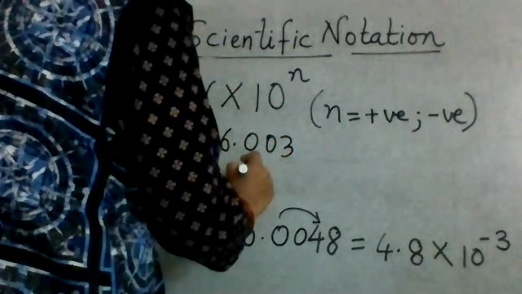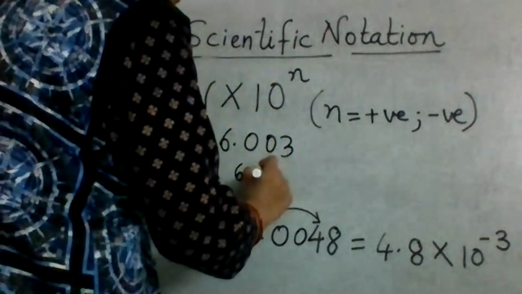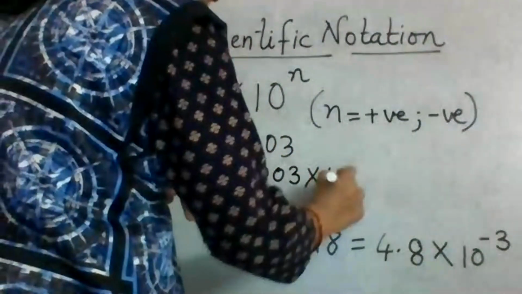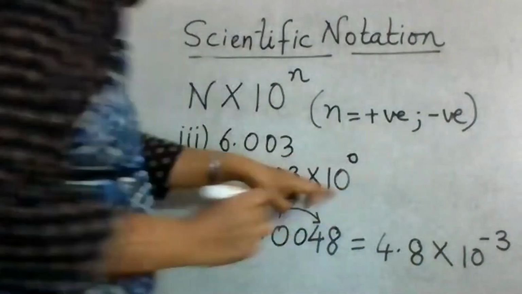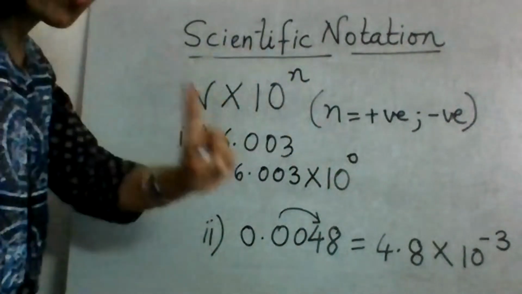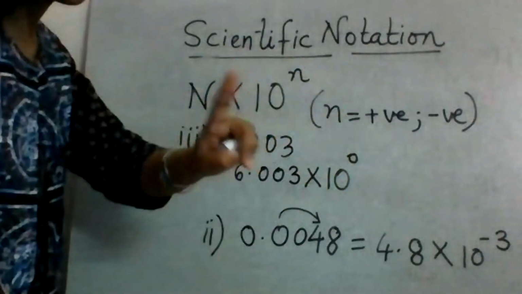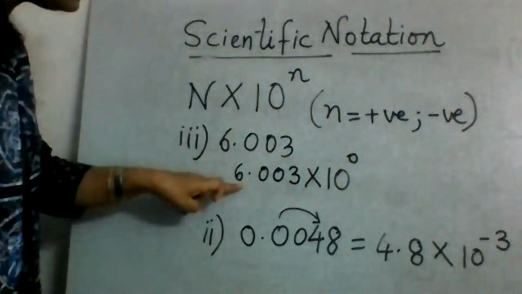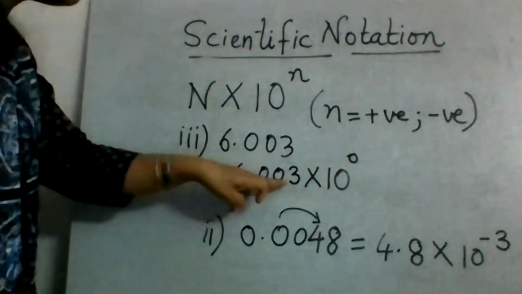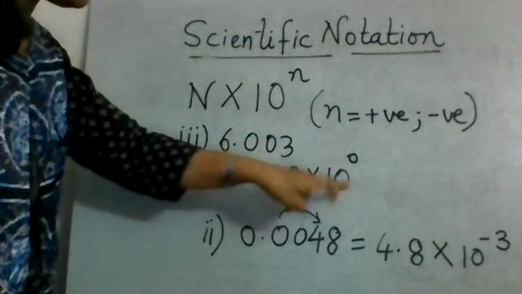Then you have to express in N into 10 raised to n notation. So the answer is 6.003 into 10 raised to, it will be 0. 10 raised to 0, any quantity is equal to 1. So this whole term 10 raised to 0 becomes 1. So I get the answer in scientific notation method as 6.003. And I have expressed this also in scientific notation.